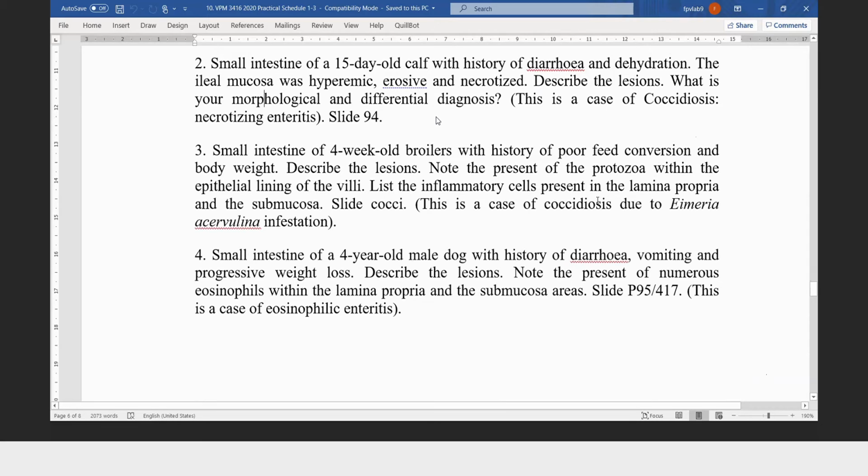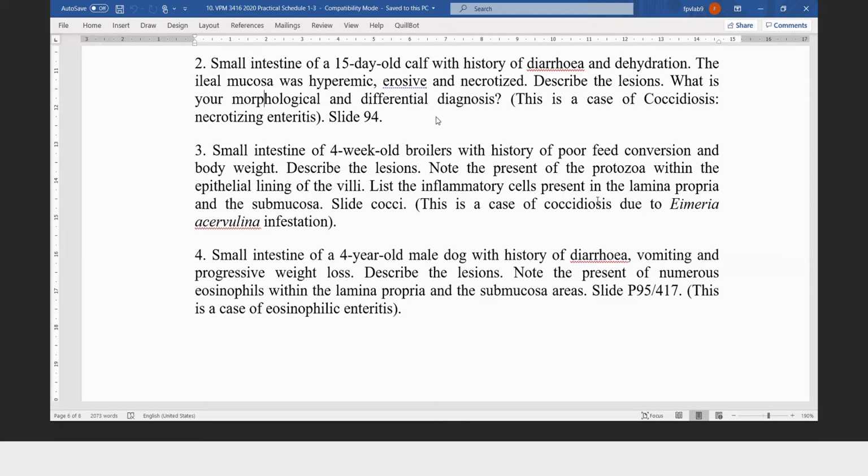Although this is very important to practice, sometimes we can foresee, if you look at past year questions, that this type of question will also be applied during your test or even your examination, isn't it? You're given short information comprised of history, clinical sign, probably gross and histological lesion.